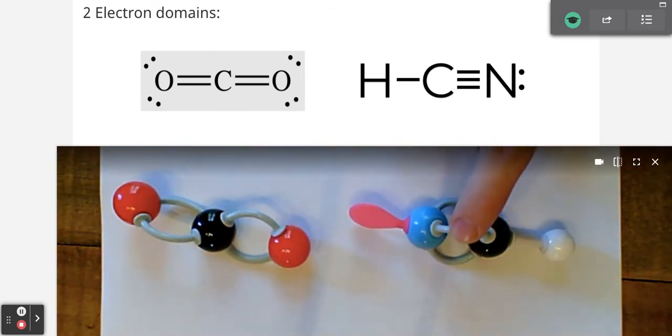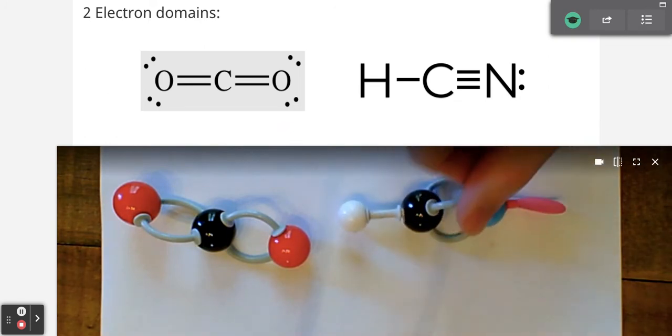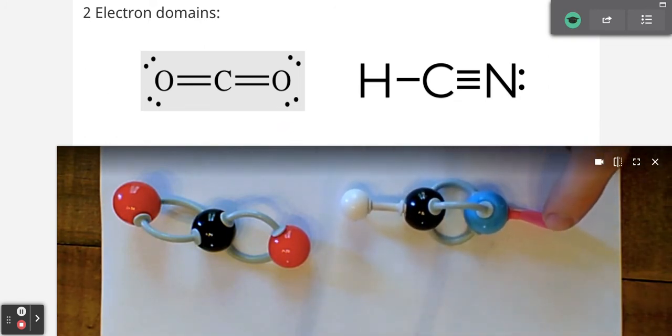And also over here with the HCN, my hydrogen, my carbon, my nitrogen, and the nitrogen also has a lone pair.